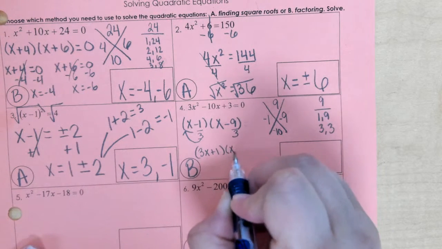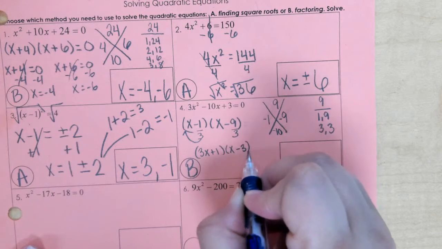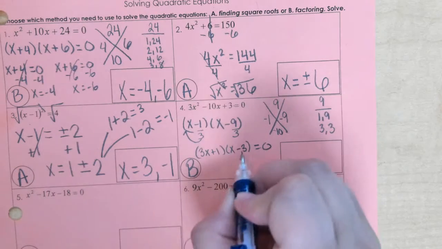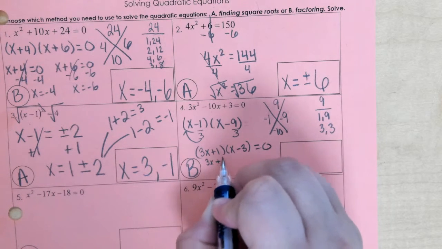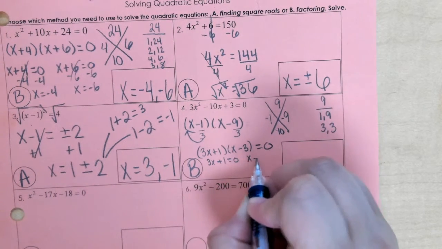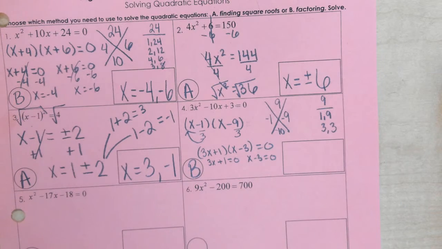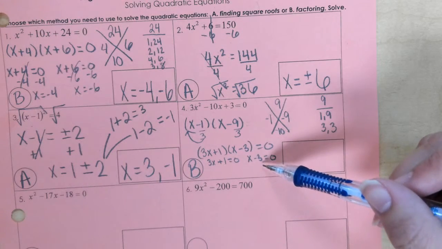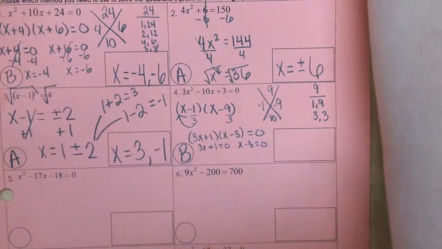Here I can divide, and 9 divided by 3 is 3. So now I set each one of these expressions equal to 0. So finish writing those down. And then I solve each one.